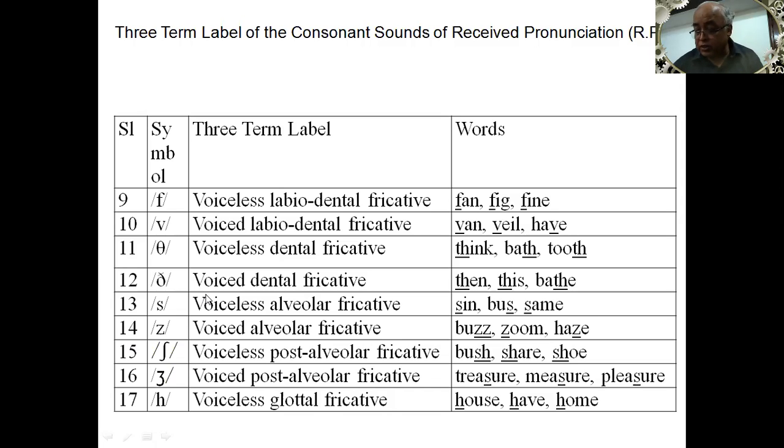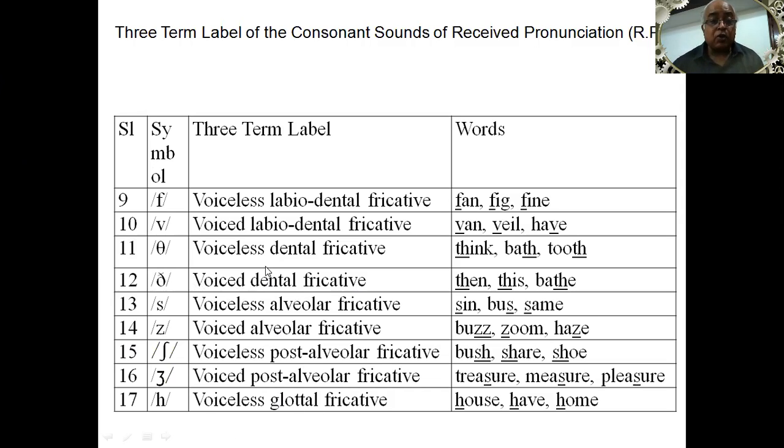Then we have got this, the voiced dental fricative. Voiced because the vocal cords are held loosely together, and when the air passes through, there's a lot of friction.